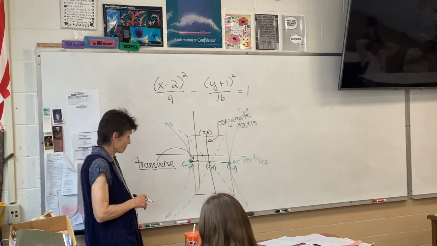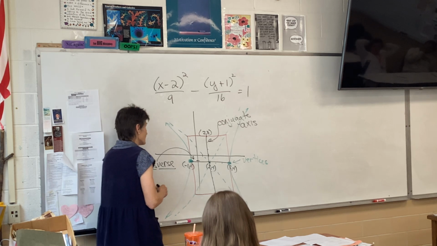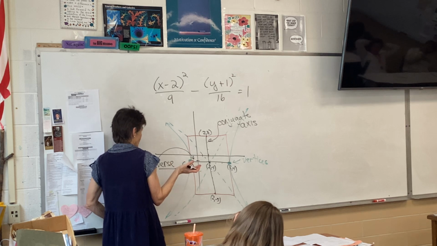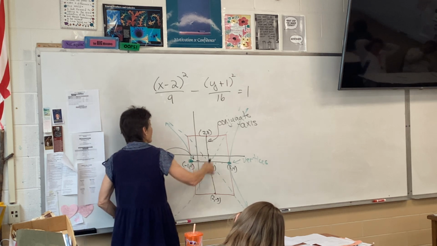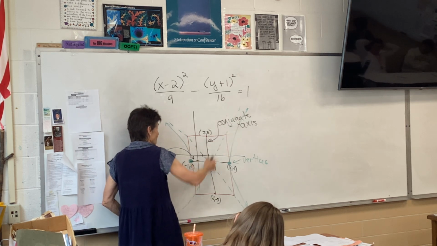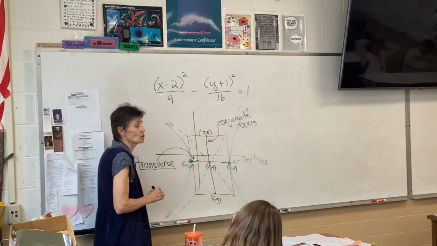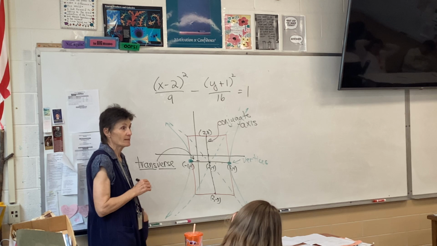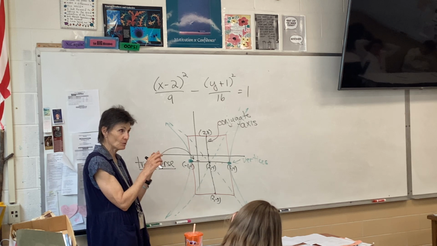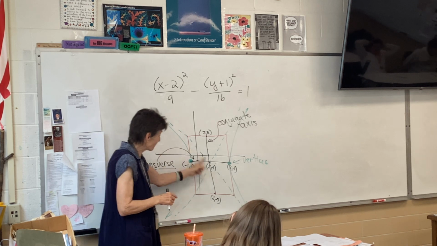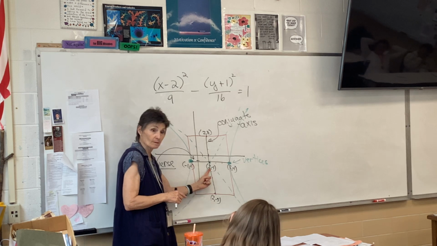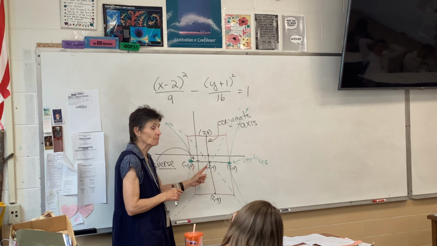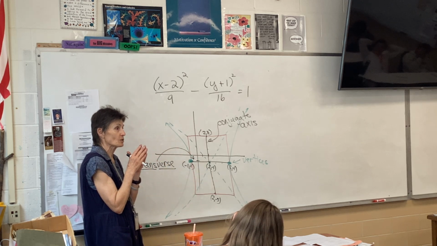Now, tell me about these asymptotes. If I wanted you to write the equation, these are lines. If I wanted you to write the equations of those lines, you could do it. Because what do you need to write the equation of a line? You need a point. Do I have a point? The center? I mean, I have lots of points, but for sure I have the center. And then I need the slope.